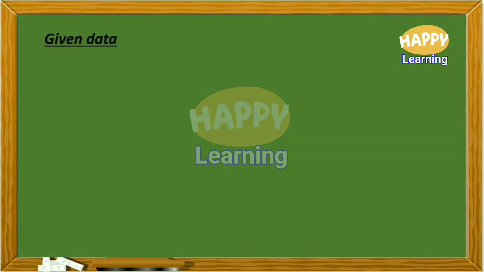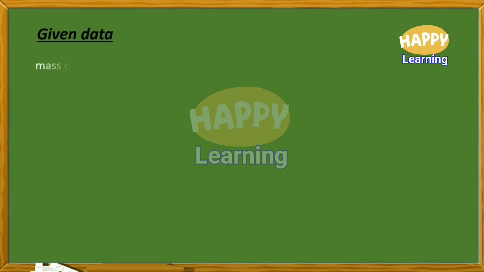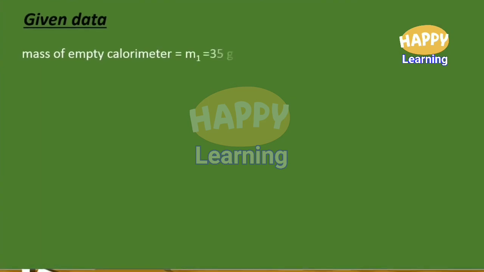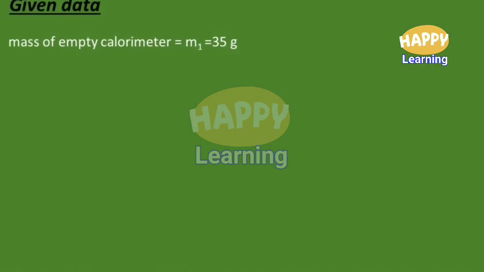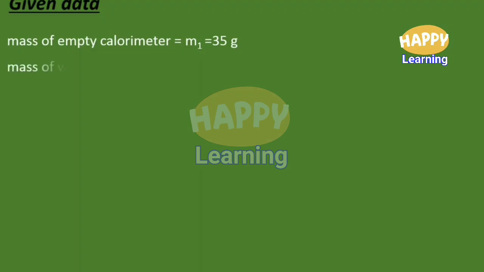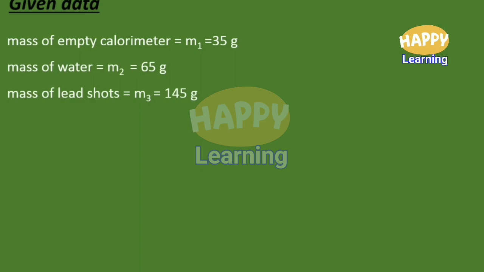Given data. Mass of empty calorimeter M1 is equal to 35 grams. Mass of water M2 is equal to 65 grams. Mass of lead shots M3 is equal to 145 grams.